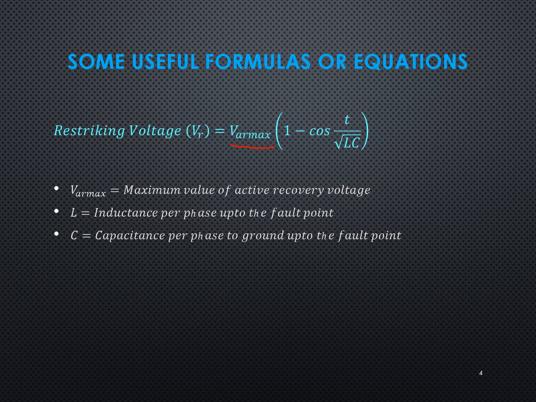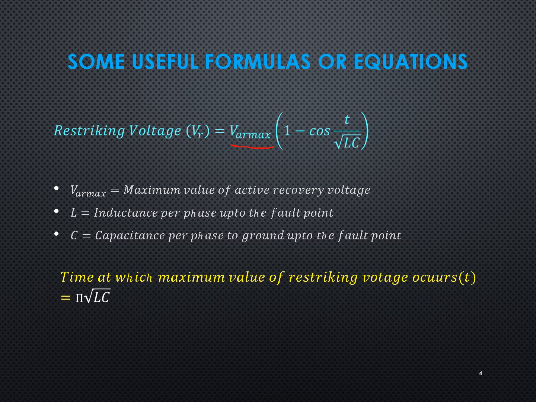Now, if I want to find the maximum value of restriking voltage, it occurs when the time t is equal to pi root LC. If you replace t with pi root LC, cos pi is equal to -1.